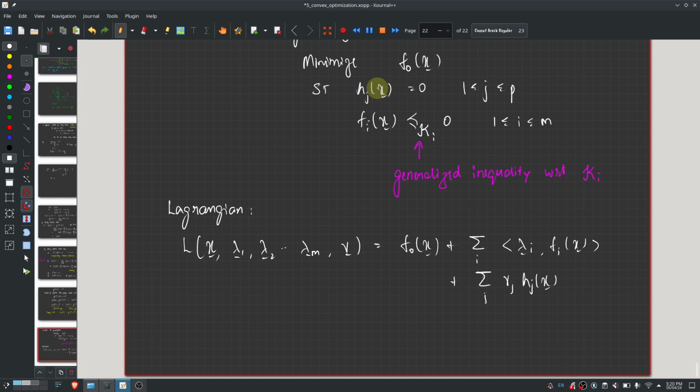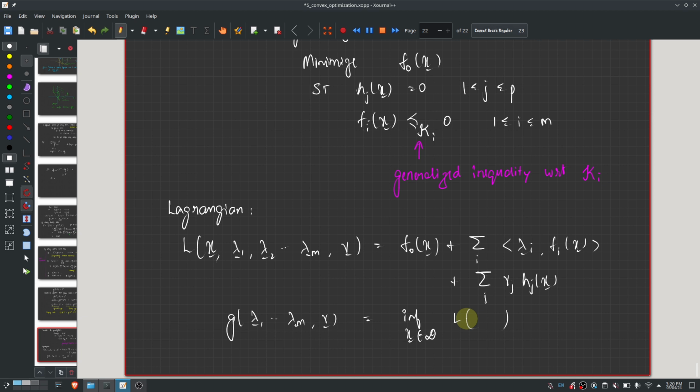So even if they're vector valued, it's effectively the same. The Lagrange dual function is defined exactly as before, is equal to the infimum over all possible x in D of the Lagrangian.